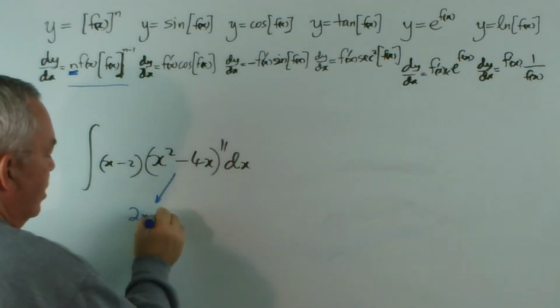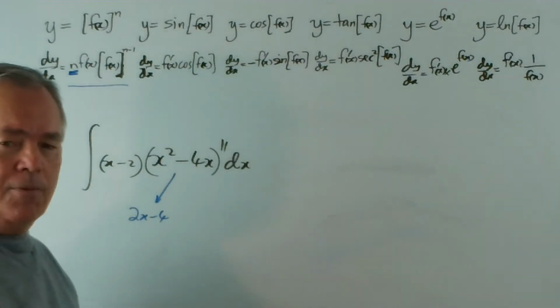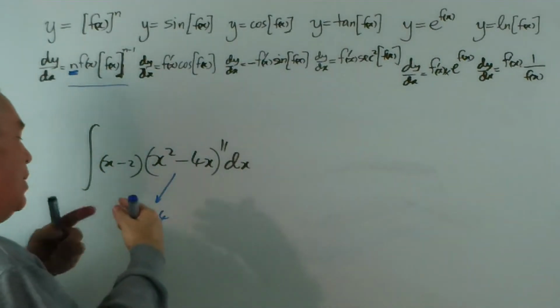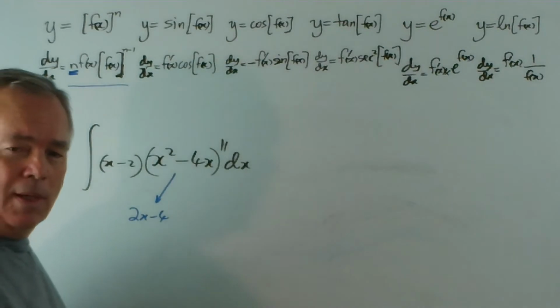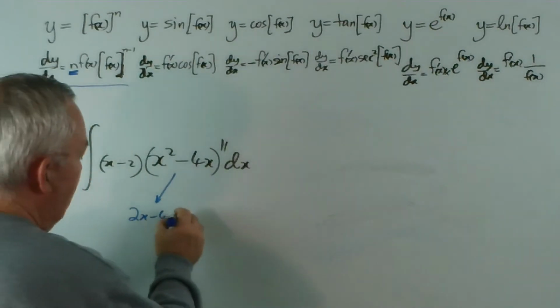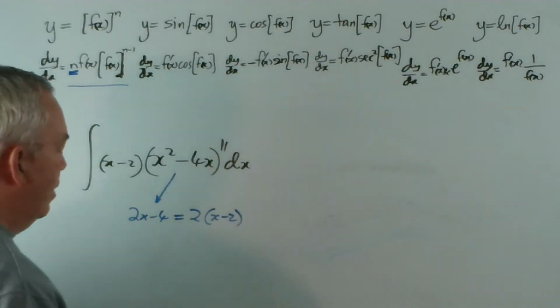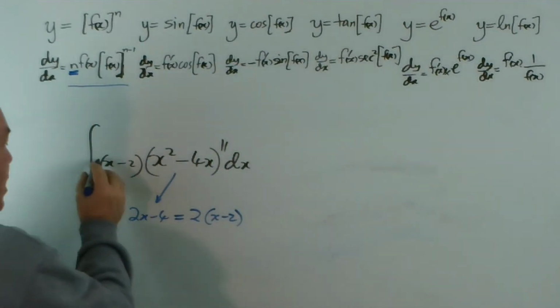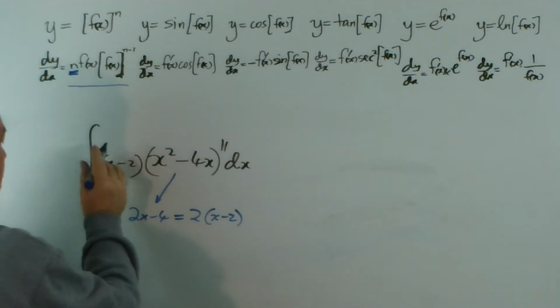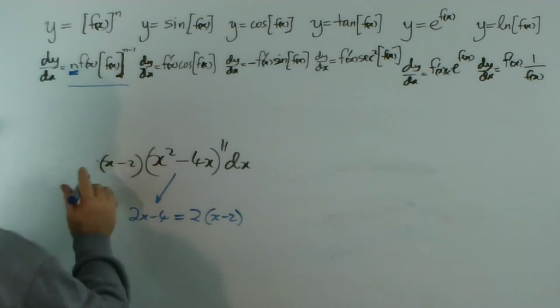It's 2x minus 4. That's not what we have, but we can make the adjustment just with a coefficient, with a whole number, because that's equal to 2 lots of x minus 2. So if I place the 2 here, I'm going to have to move this integral sign.